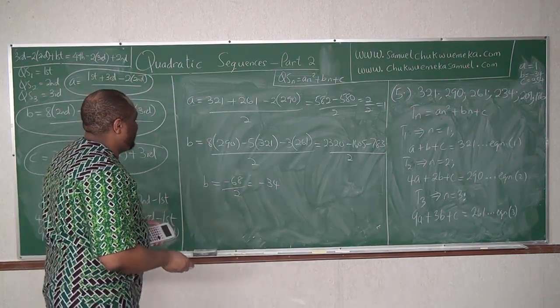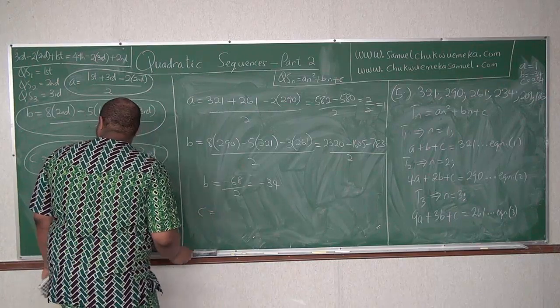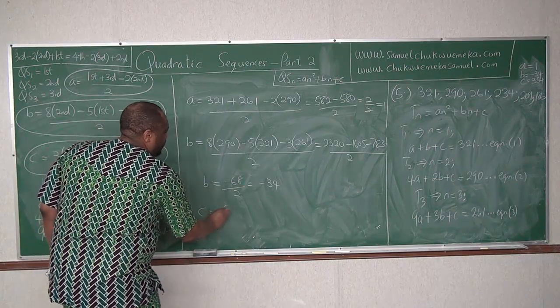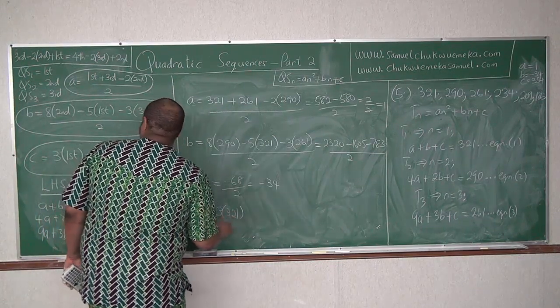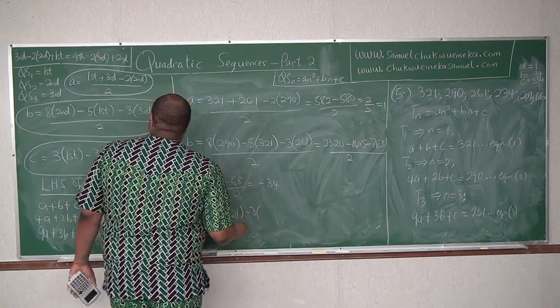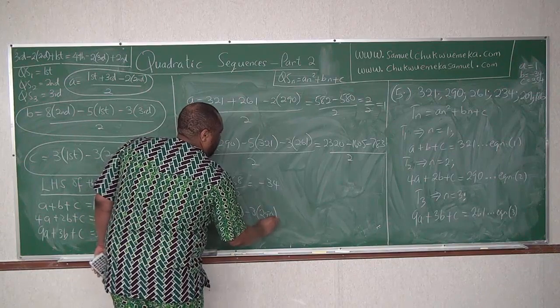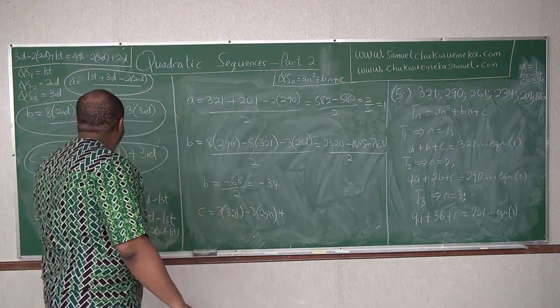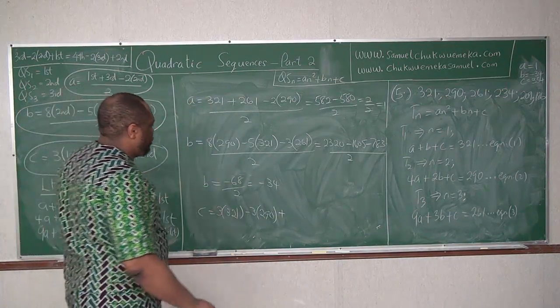Okay, then c is 3 times 321 minus 3 times 290 plus 261.